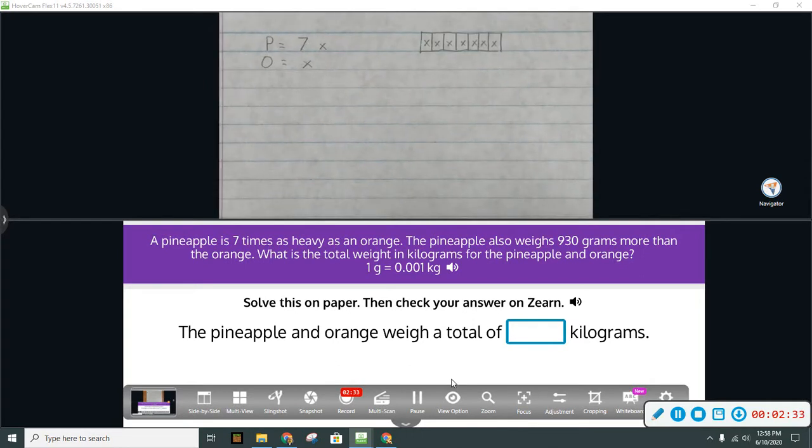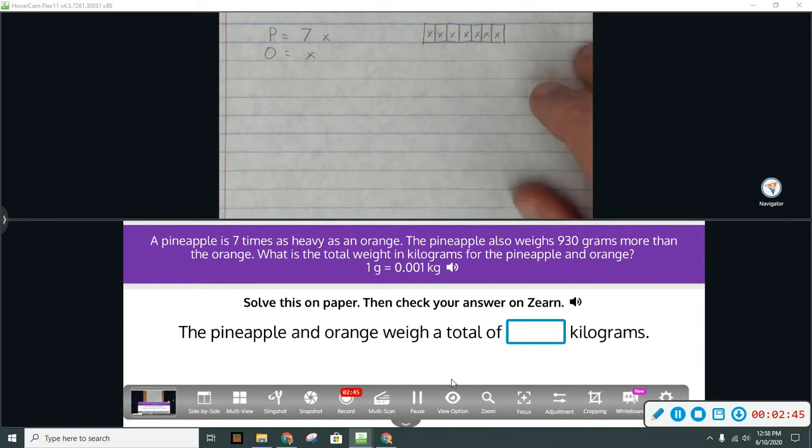Now, the pineapple also weighs 930 grams more than the orange. Okay, this is where it's going to start getting weird, and this is kind of an advanced question for what we would normally see in 5th grade. Okay?